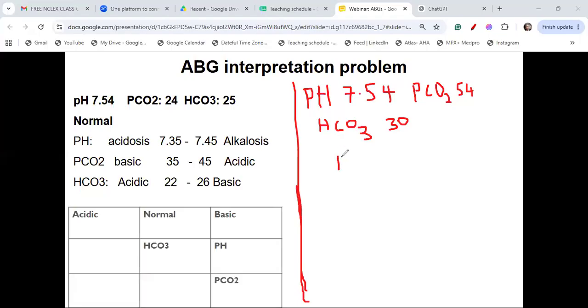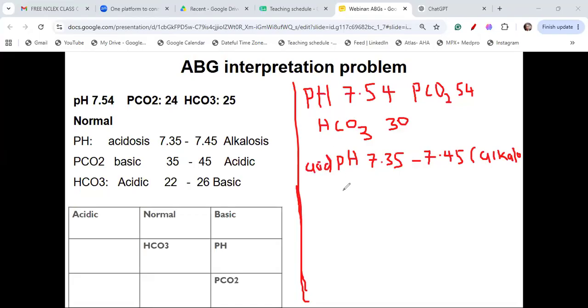So don't ignore what I'm writing. Whenever I write this, it's not because I don't remember it. It's because it's going to help me with matching. If you don't do this, you're likely not going to get this question correct. But if you write this, then you get it correct.